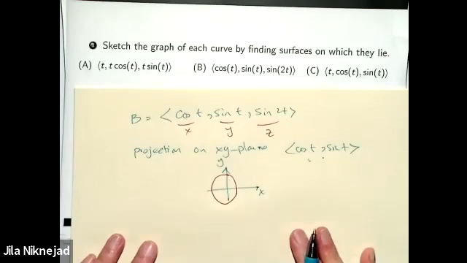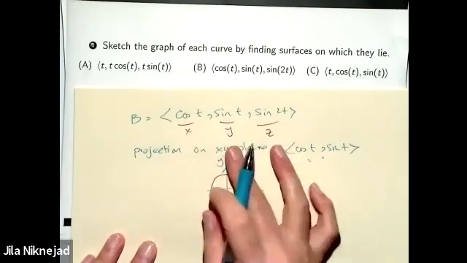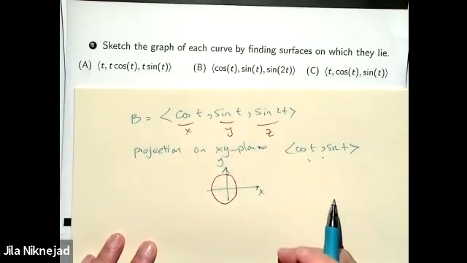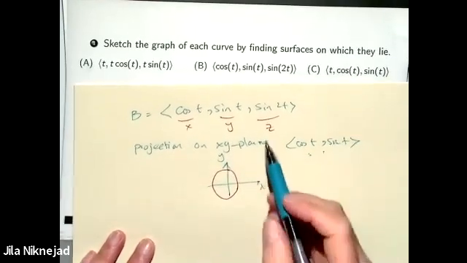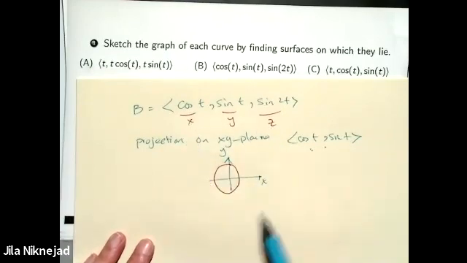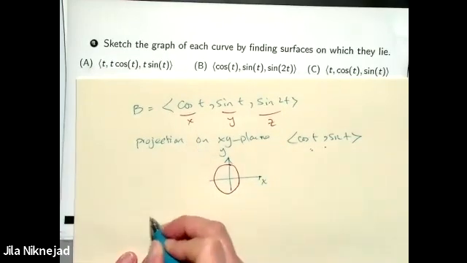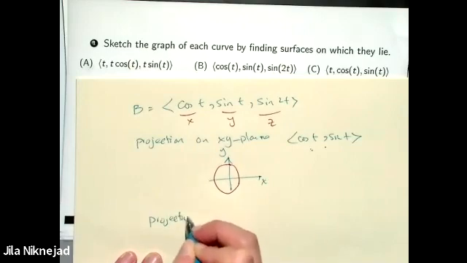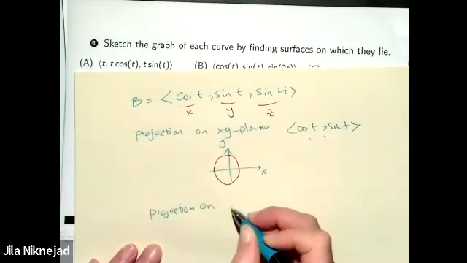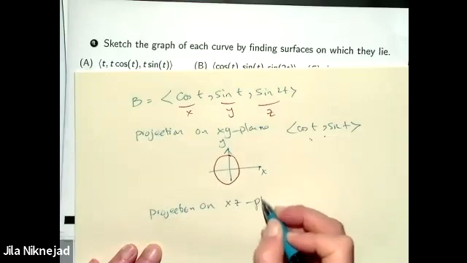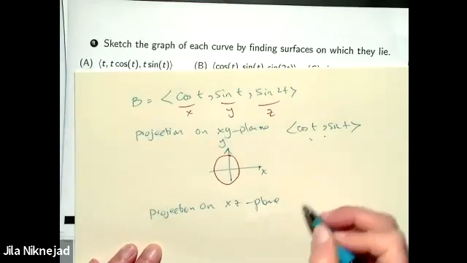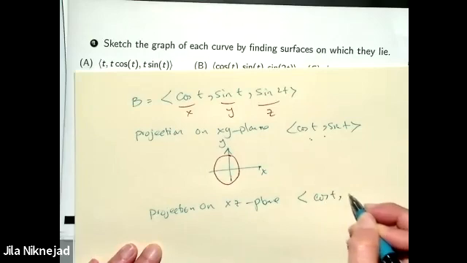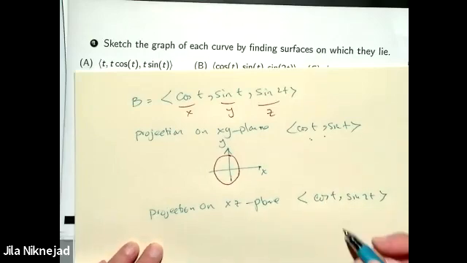So then the relationship between x and z, and let's see, I can see the projection on the xz plane. This is a bit more complicated. It's going to be cosine of t, sine of 2t, right? So there are ways to figure this out.